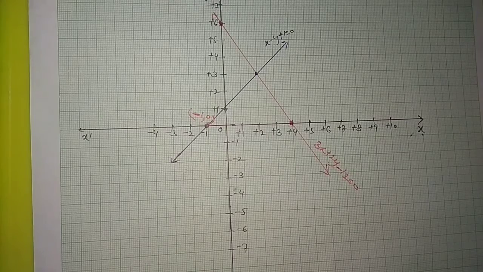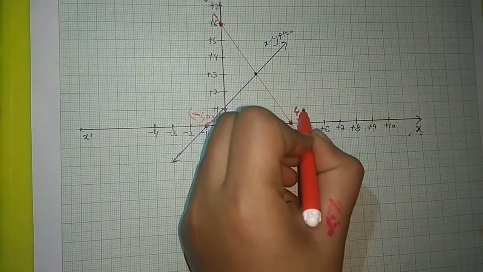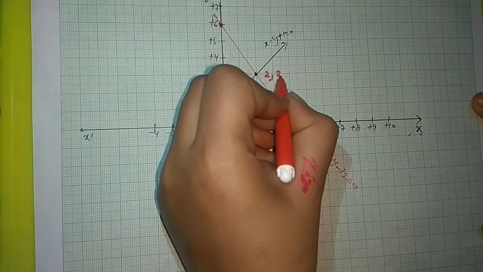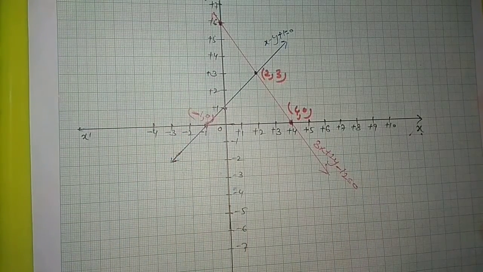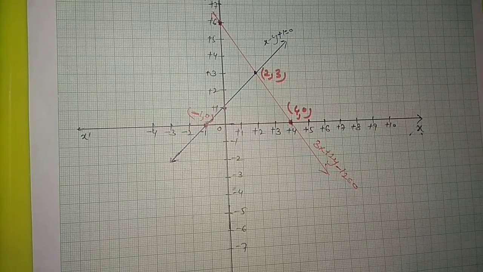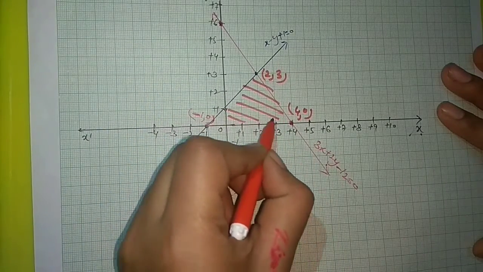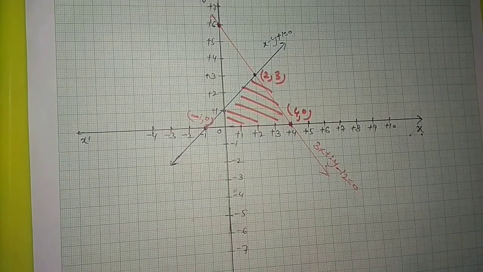Next coordinate is 4 comma 0. Next is 2 comma 3. So here we have our triangle, and the next question was shade the region, and this is our required region. So this is the shaded portion.